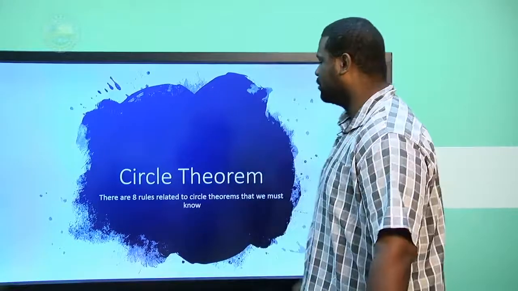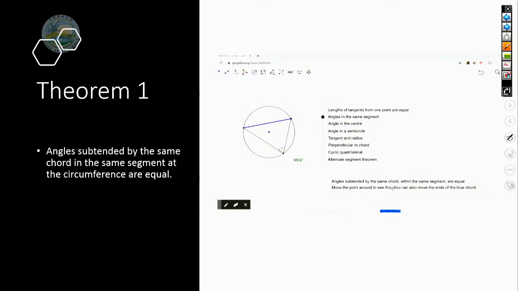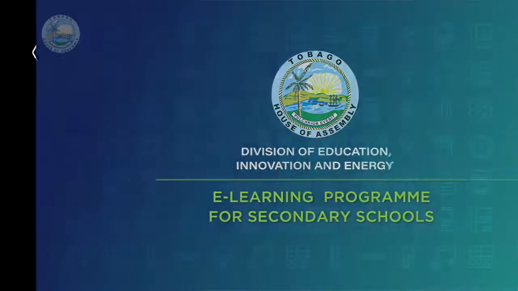So now let's go. The first rule that we want to look at today is this one, that angles subtended by the same chord in the same segment at the circumference are equal. Let us see if you can watch this video to determine what this is all about.